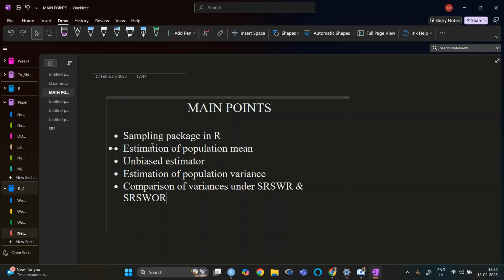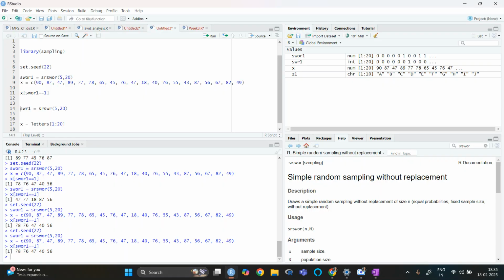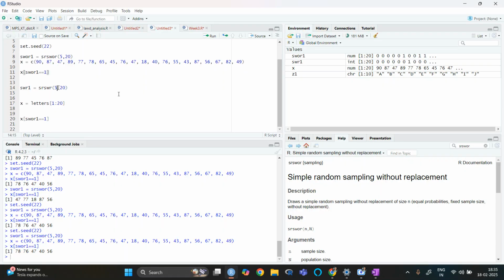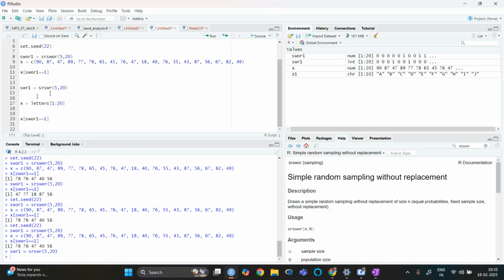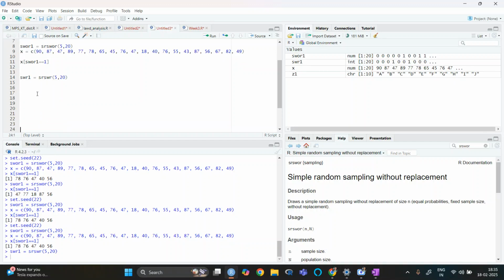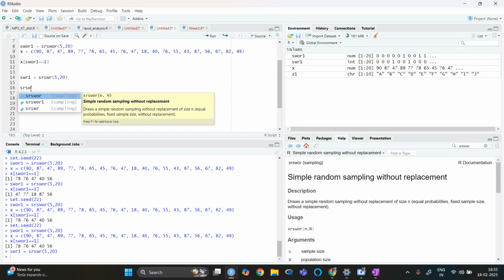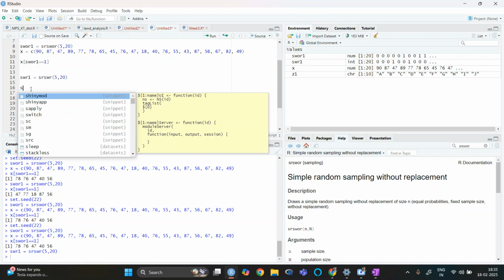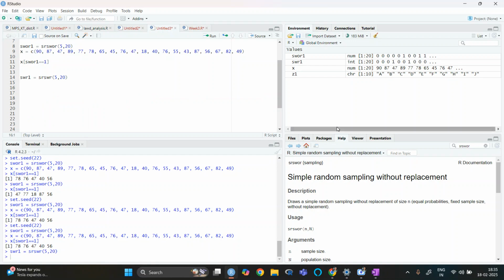Now that you know that, we can play with all these things. In the second one, however, when we have SRSWR1... Ma'am, does SRSWOR1 have any special meaning?